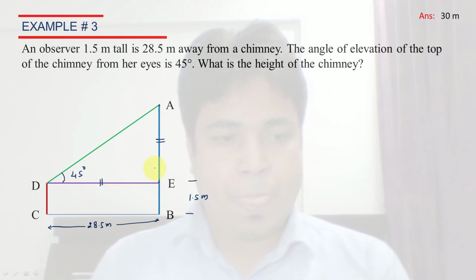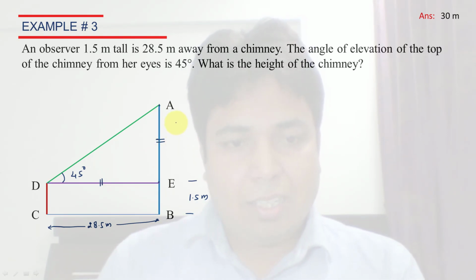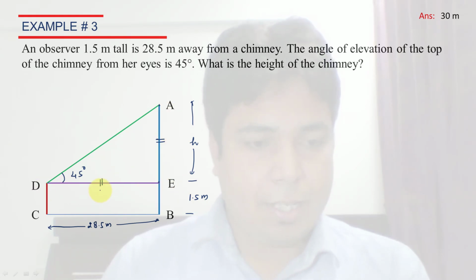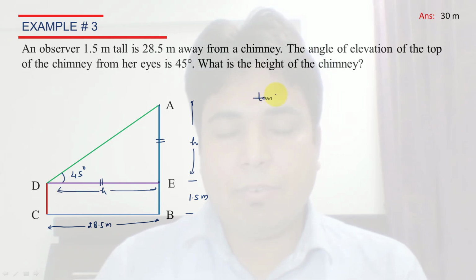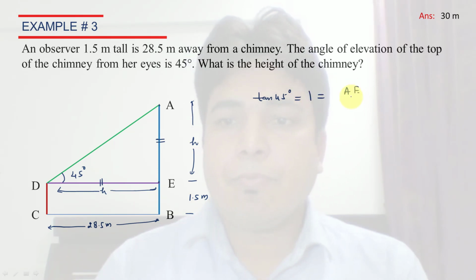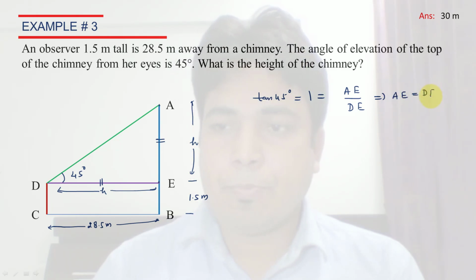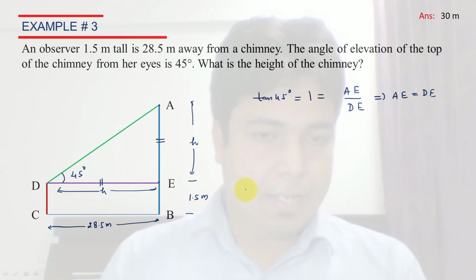So let's say the AE length, from here to here, is H. Let's say this is the length of AE. So AE must be equal to DE, that is H. Since we know that tan 45 degree is equal to 1, and that is equal to AE upon DE, this implies AE is equal to DE.